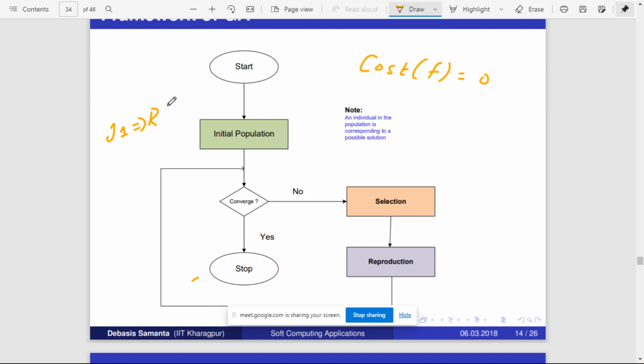If the cost is not 0, then you repeat it. But sometimes you may not be able to reach 0 cost. In that case, if in the previous round the cost is say 0.5, and in the current round also the cost is 0.5, or in the past 10 rounds the cost is 0.5 with no change, then you can stop the algorithm, right?